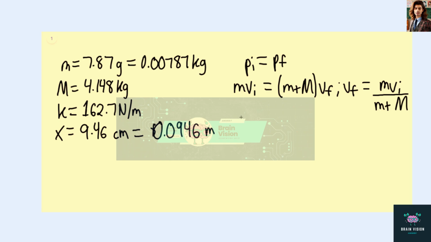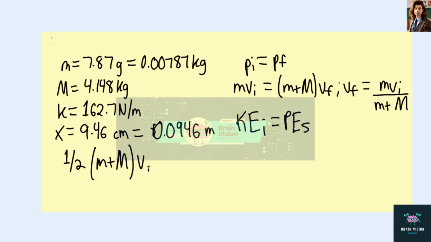At this point, we can say that the kinetic energy initial is going to be equal to the potential energy stored within the spring. So we can say that 1/2 of (m plus M) v final squared is going to equal 1/2 k x squared.